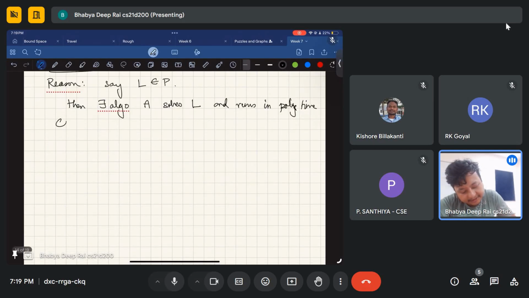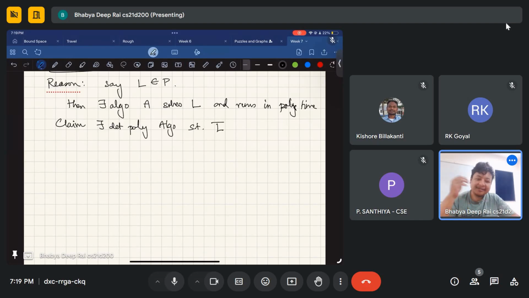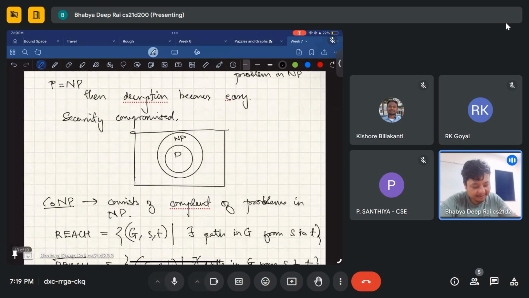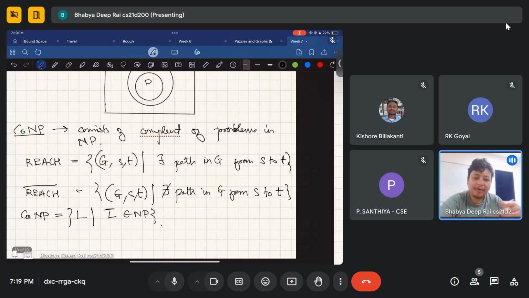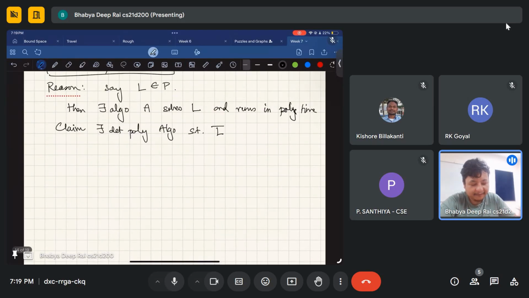So the claim is there exists a deterministic polynomial time algorithm that solves L complement. What is L complement? For example, reach complement was that there does not exist a path of the form. So all the instances that are not contained in the set L.